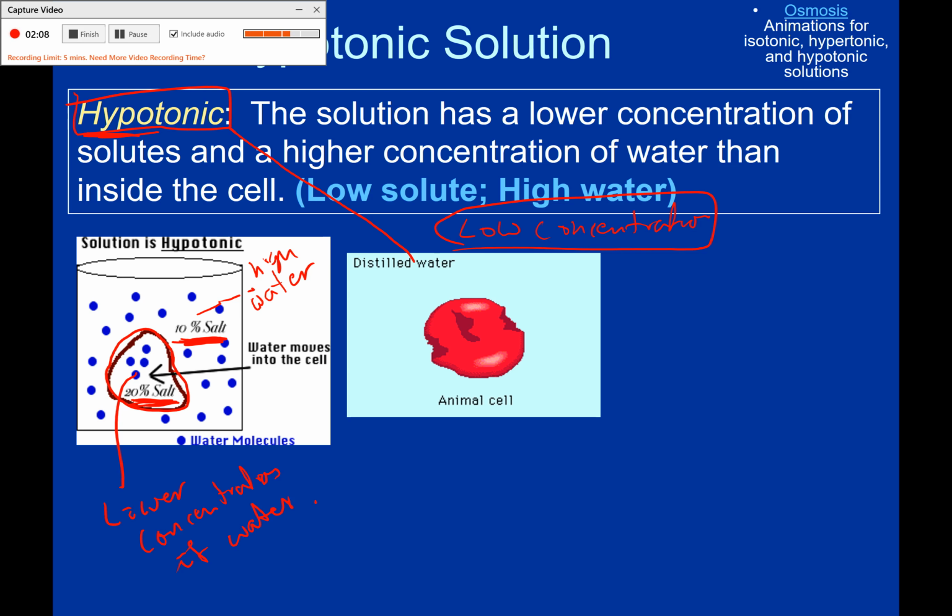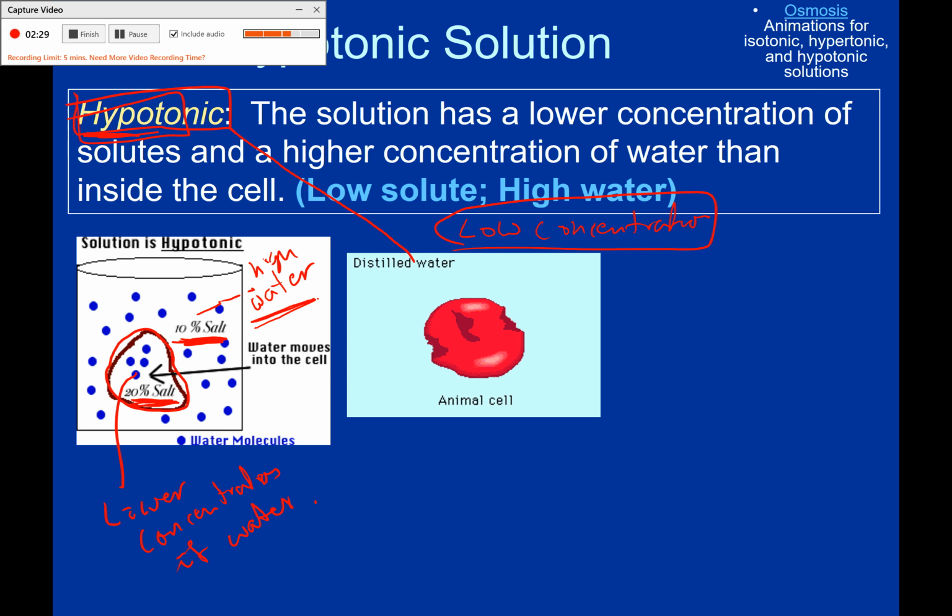Okay, so when you talk about hypo, it's going to have a low concentration of a solute, which means it's going to be a high concentration of water, right? So if you have a low concentration of sugar, that means that you're going to have a higher concentration of water inside of that cup, right? So water always moves from high to low, right?